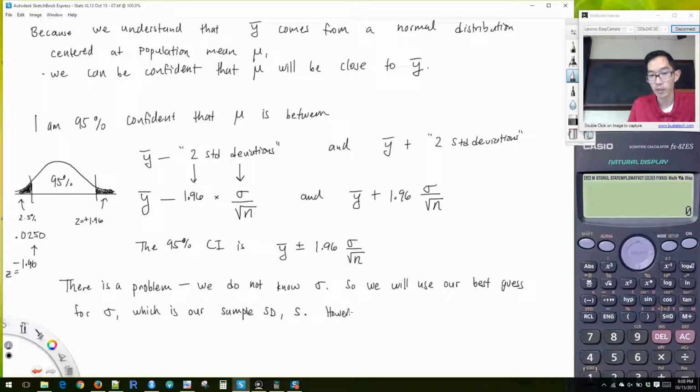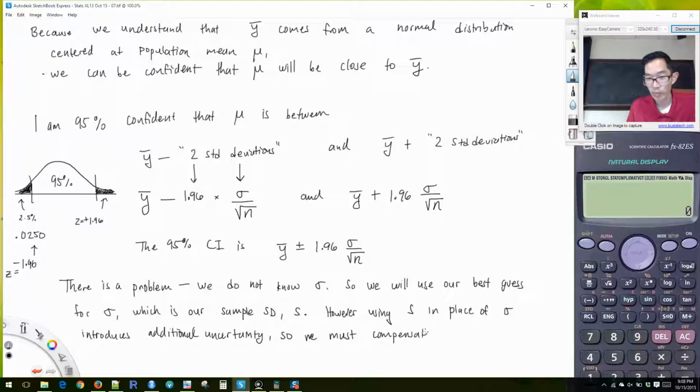However, using S in place of sigma introduces additional uncertainty, okay, so we must compensate by adjusting the value 1.96 to something larger.